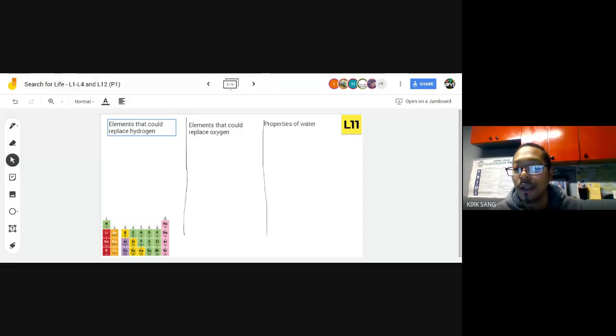Once you're there, Kaylee, Isiel, and Debriana, you guys will start and share out, and then popcorn until everyone has gotten an opportunity to share their thoughts. Make sure you're referencing the periodic table. There is one already on Jamboard here where you see me circling with my cursor or my mouse.